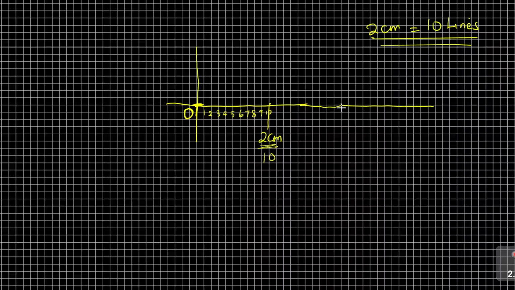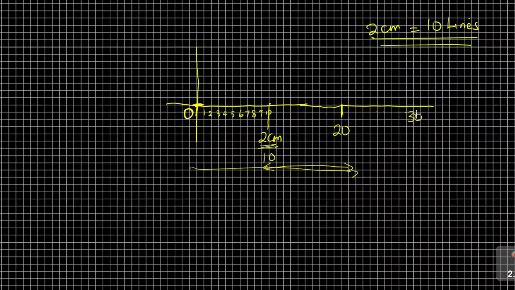If you count another 10 lines, you are going to write what? 1, 2, 3, 4, 5, 6, 7, 8, 9, 10. This is another 10. It's going to be 20 because from here to here is still the same 10, but it will be increasing from 0. Then another 10. 1, 2, 3, 4, 5, 6, 7, 8, 9, 10.